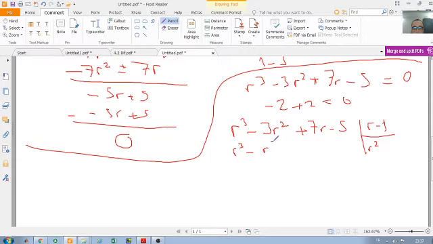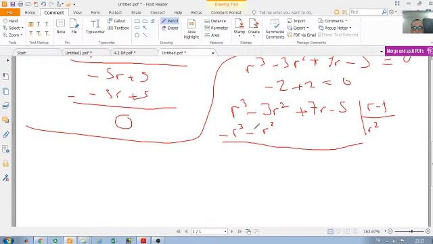minus r squared. When we apply the subtraction, this becomes minus, this becomes plus, so we have minus 2r squared plus 7r minus 5. To get minus 2r squared, we multiply by minus 2r: minus 2r squared plus 2r.